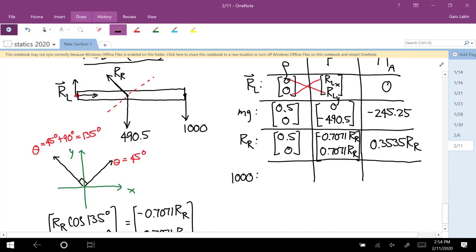The r vector for that is positive 1, 0. The force is 0, negative 1,000. The cross product is 1 times negative 1,000 minus 0 times 0. So that's negative 1,000.